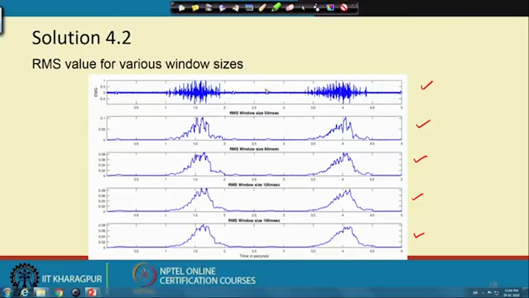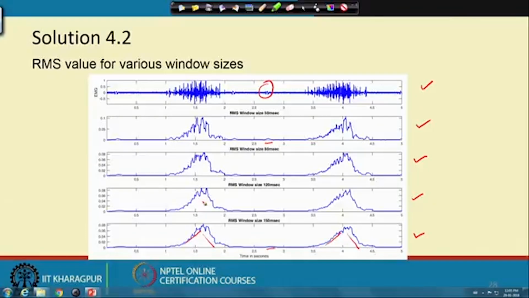For example, if we look at this fluctuation, it is visible here, but not so prominently here in 150 millisecond. Okay. So, the changes are slow, that is the downside when we are increasing the window length, but the upside is that the envelope is much more smooth compared to the lower window size.